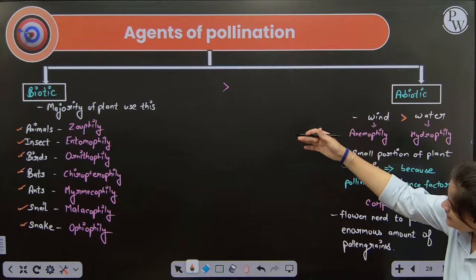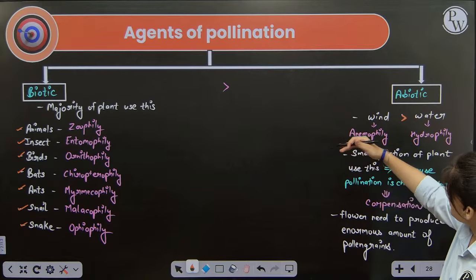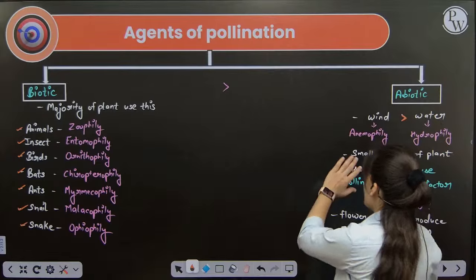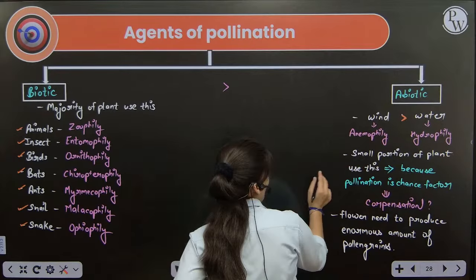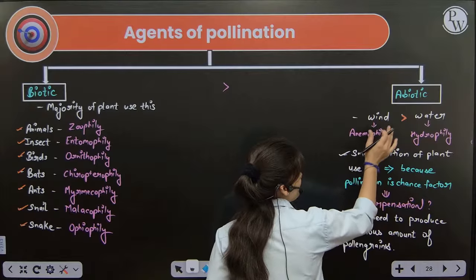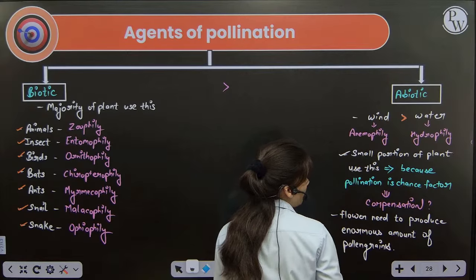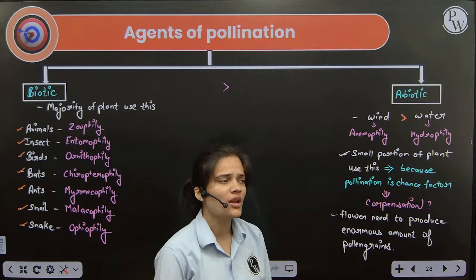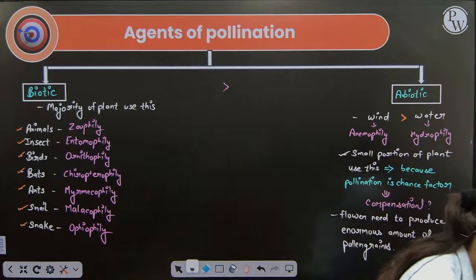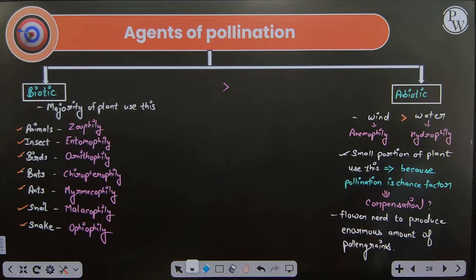Majority of plants support biotic pollinating agents, but only a small portion of plants use abiotic agents. Why? Because in case of an abiotic pollinating agent, pollination is a chance factor. Pollination may occur or may not occur.